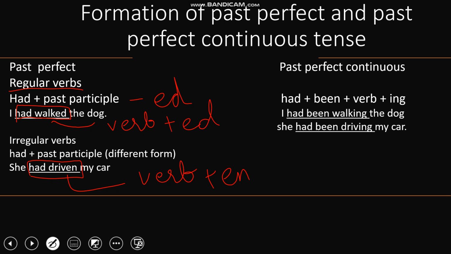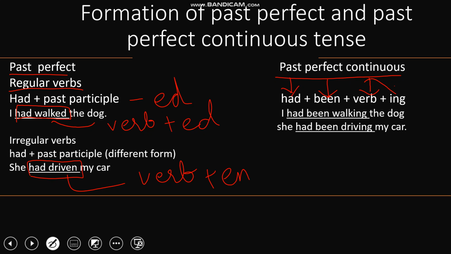Past perfect tense. Okay. Now let us see what is past perfect continuous tense. How is past perfect continuous tense formed? Very simple. Since you have past, you need to have had, right? Then you will have been. You have to add a been. Then you have the verb plus the ing. Since it's continuous, you need to use that ing form.